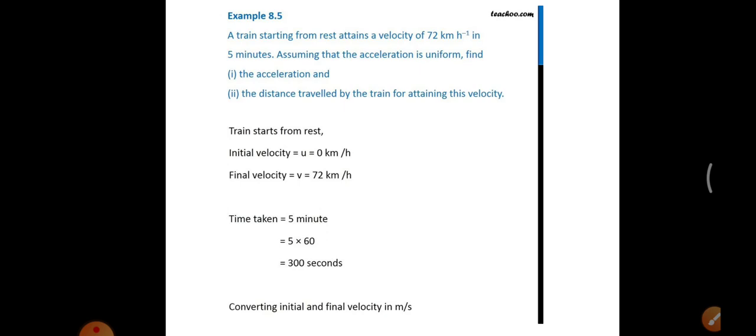Students, take your book and see the example sum 8.5. A train starting from rest attains a velocity of 72 km per hour in 5 minutes. Assuming that the acceleration is uniform, find the acceleration and the distance travelled by the train for attaining this velocity.